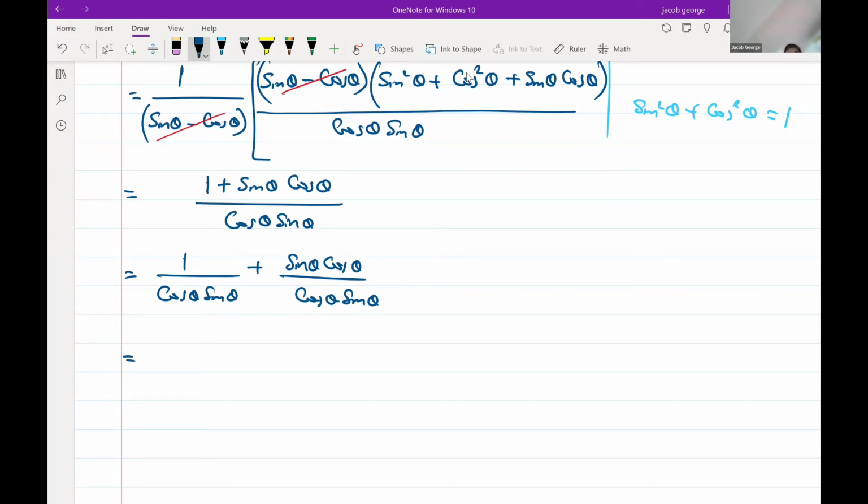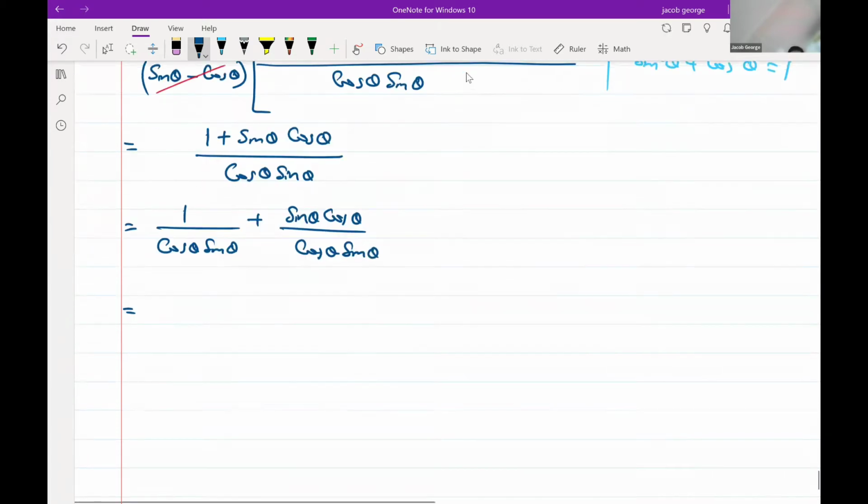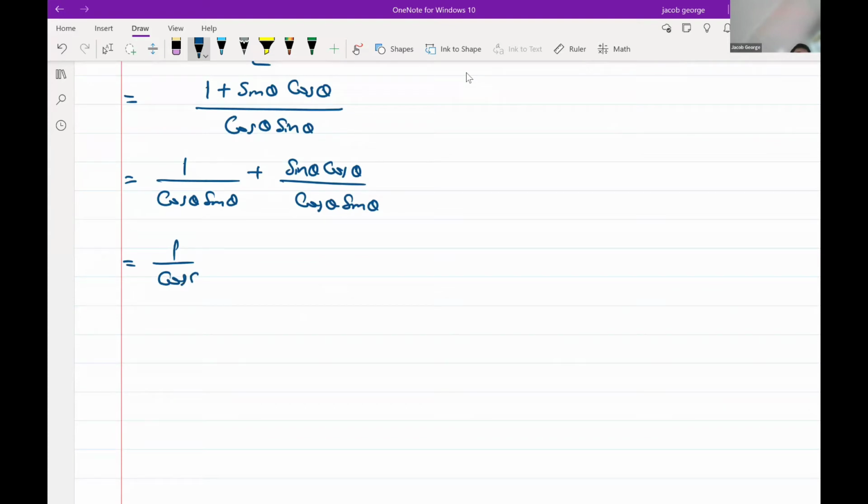What is the 1 by cos theta sin theta? This is actually 1 by cos theta into 1 by sin theta. Now, second term is 1. It is same, so second term is 1.